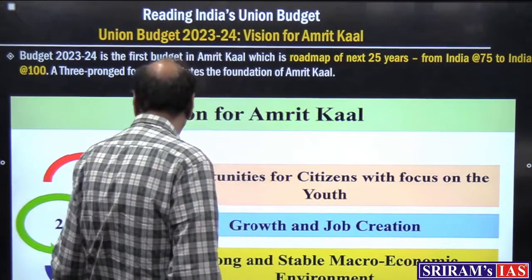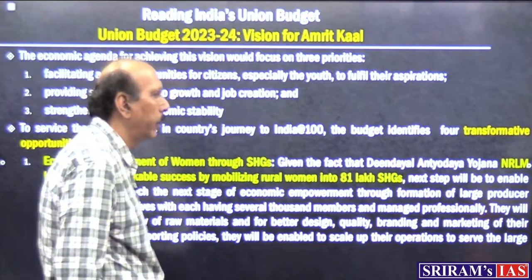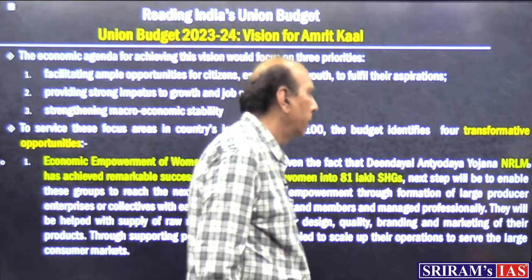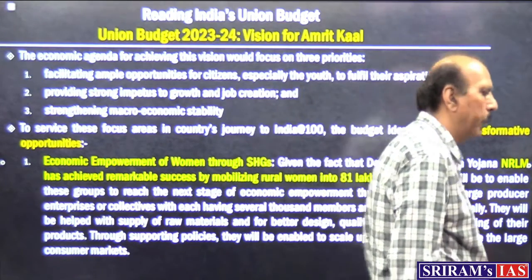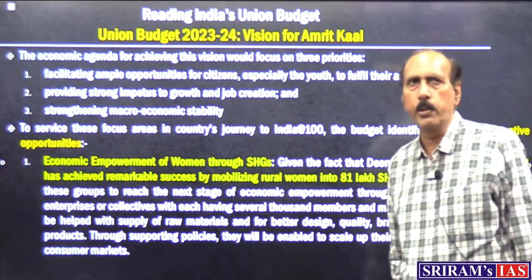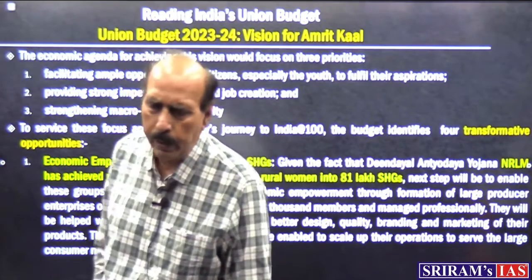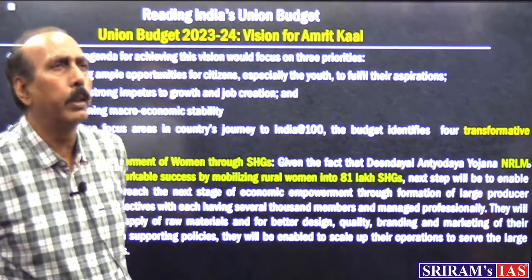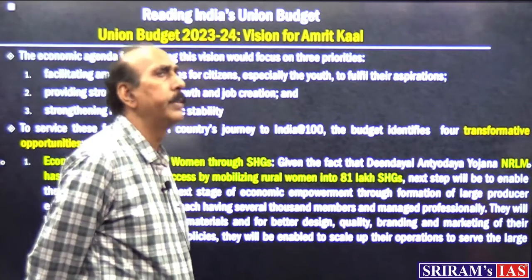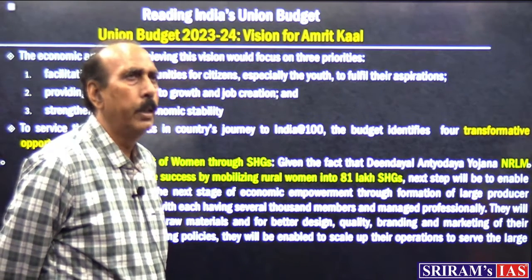And to attain this, in these visions, the budget has identified four transformative opportunities. They identified four areas where the opportunities are plenty, but we need to exploit them on priority.